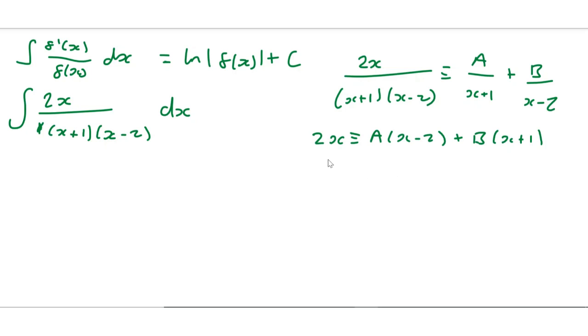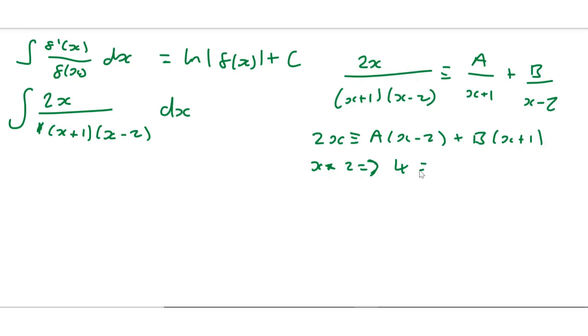Now there's two ways we can do this. We can either substitute in values of x or compare coefficients. We'll do both here. So just skip this if you know how to do it, but otherwise check it out. So if we set x equal to 2, substituting that in, because bear in mind this triple identity means this is true for all x values, so we can substitute in values of x, but we're not substituting random ones, we're choosing x so that either a or b disappears, so we can have an equation in just a or b.